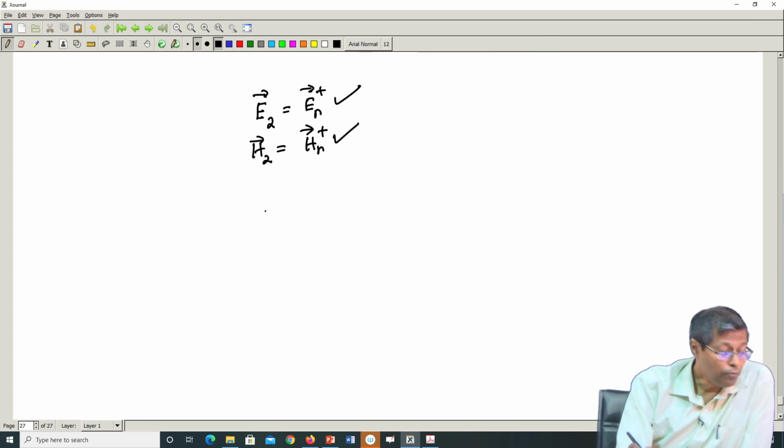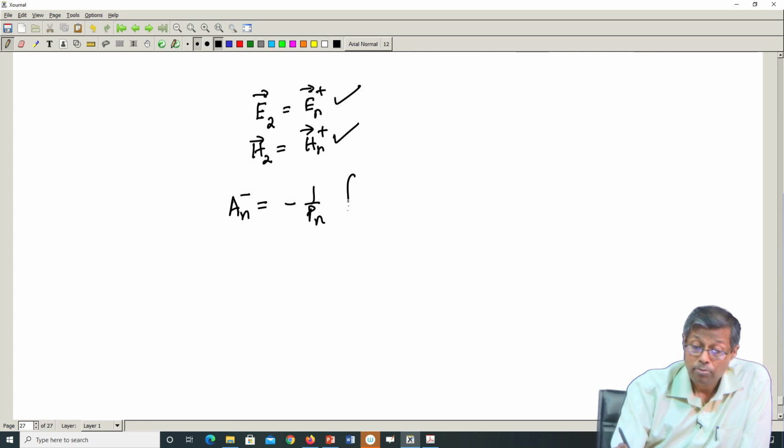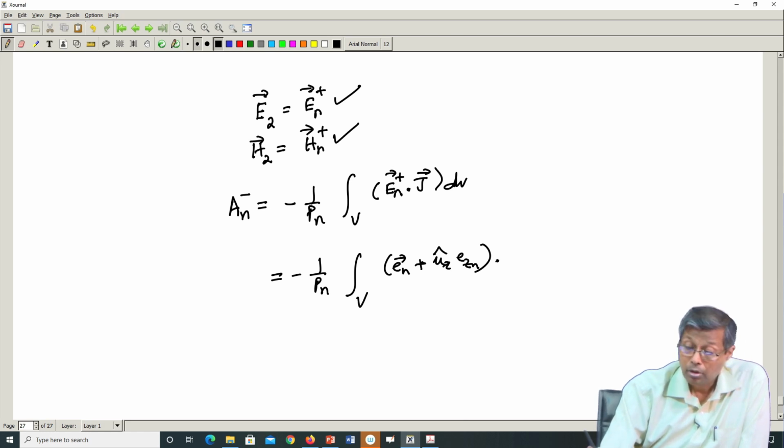So, now if we do the same exercise once over again, we will find the amplitude of the nth moving backward wave as minus 1 by P n, the volume integral E n plus dot J dV, and that will be the same as 1 by P n, we expand E n plus, and that is E n plus u z E z n dot J e to the power minus j beta n z dV.